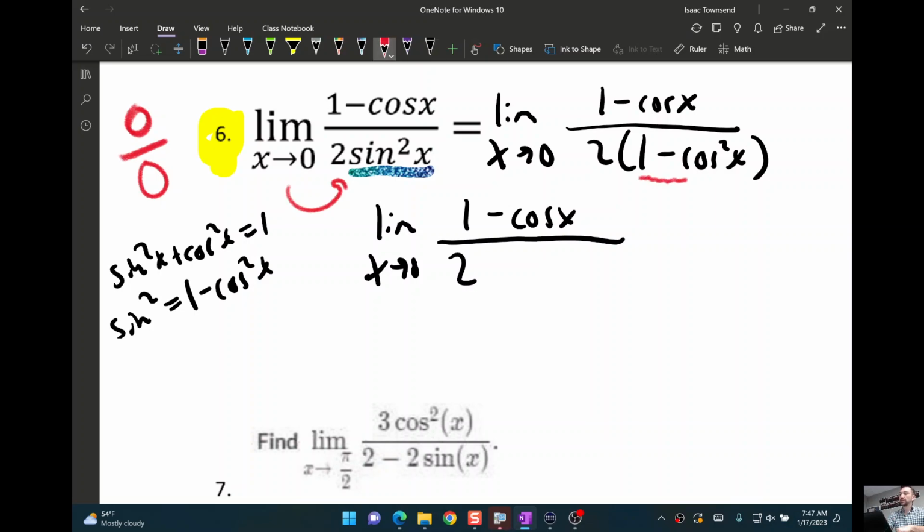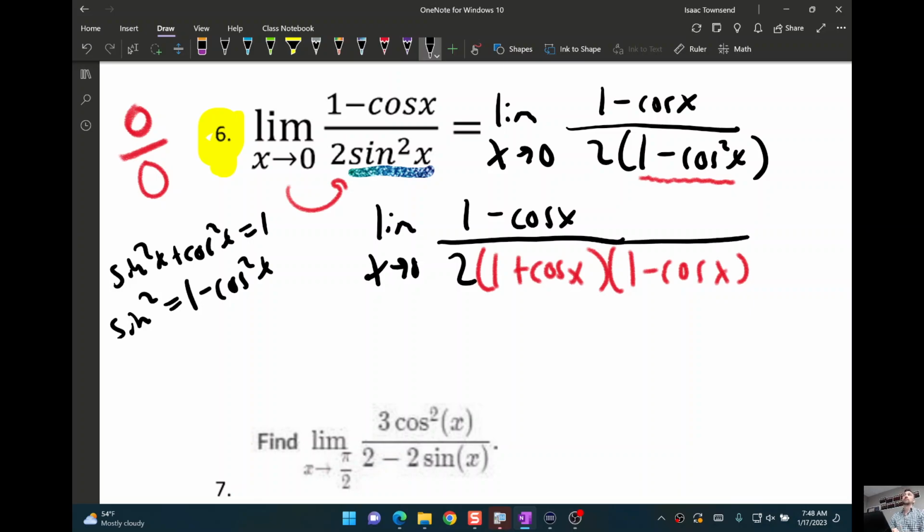Okay, so to me, this guy, again, not super obvious, but I do have a hint that I need to cancel out some of the numerator or all the numerator. This guy is the difference of two squares. You've got 1 being squared on the left and cosine being squared on the right. So you can factor that.